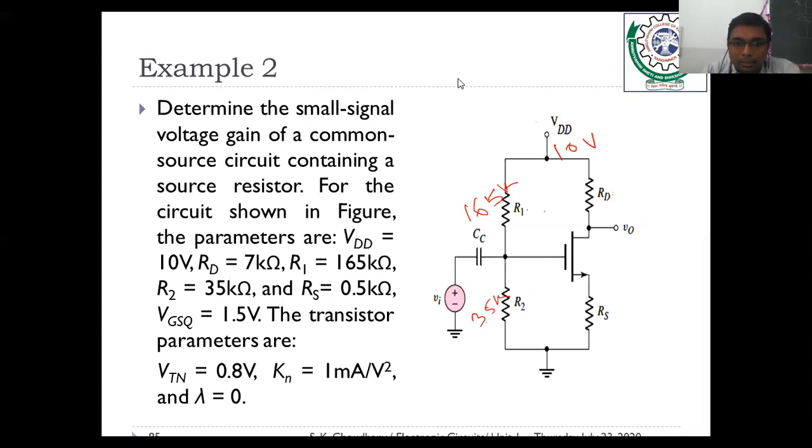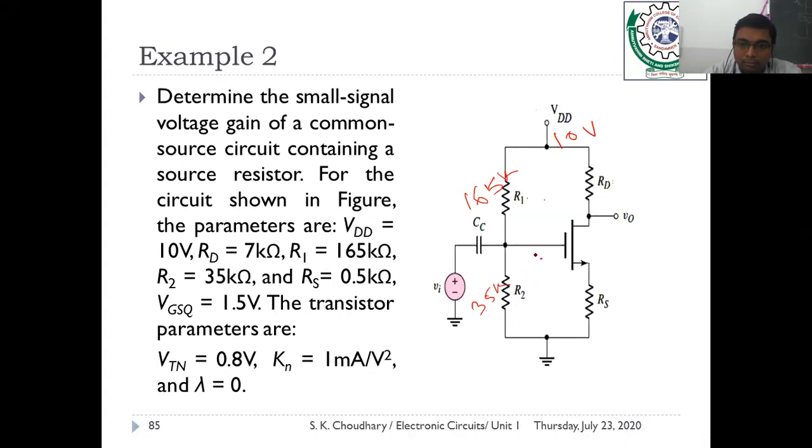RD is given as 7K. And VGSQ is also given here. If you see the diagram, VGSQ is given as 1.5 volt. So you do not need to find out the VGSQ, it is already given.